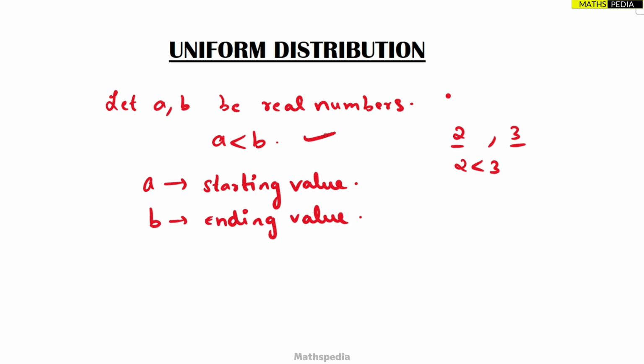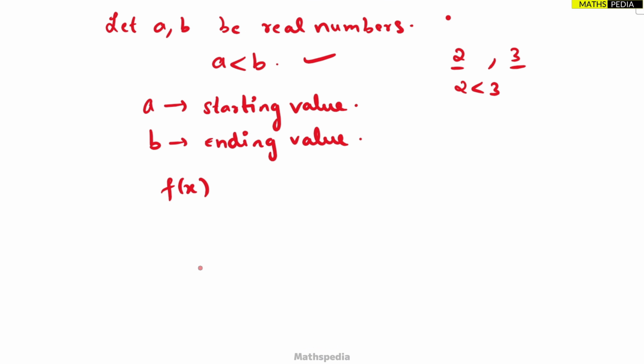Now the uniform distribution: the distribution is said to be uniform if the probability function is defined by f of x. This is the important terminology we are going to study, the function f of x. There are two things we need to define.